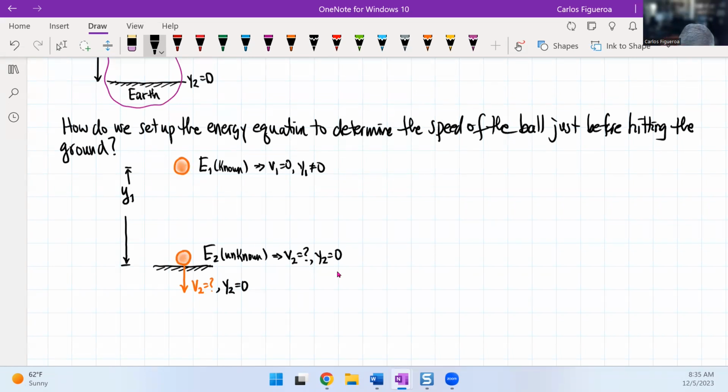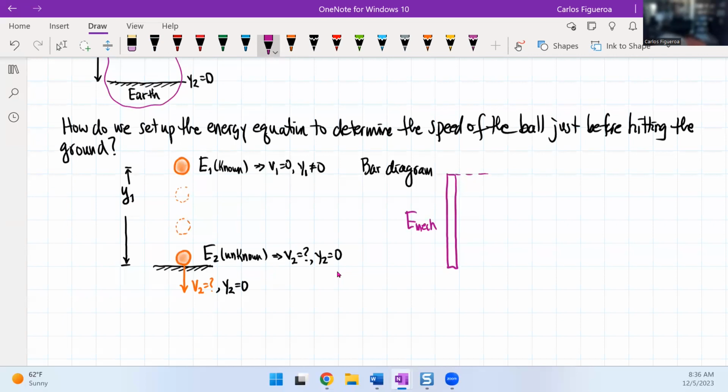As the ball falls, the ball is going through a series of states. So now if I look at my bar diagram, I look at the total energy of the system. Let's say that this is the total energy of the system.